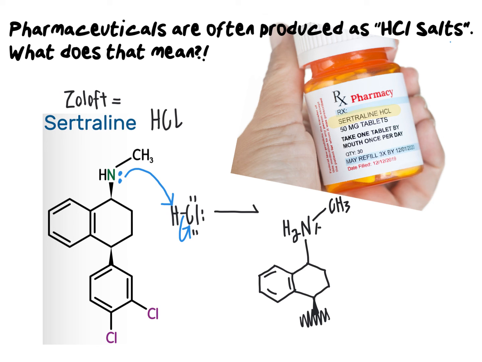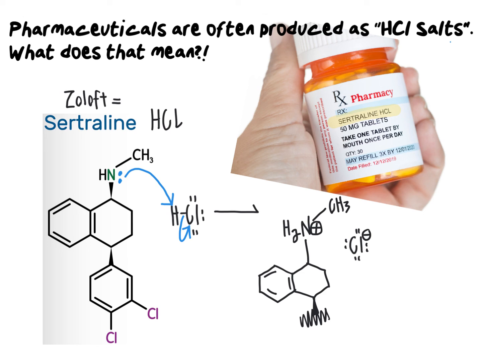And that will place a positive formal charge on the nitrogen now because the nitrogen has picked up that proton. We will also generate, as a result of this reaction, chloride anion. And the chloride anion and the nitrogen cation will be inseparable because of their equal and opposite charges.